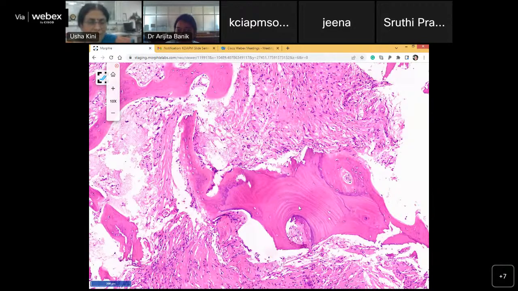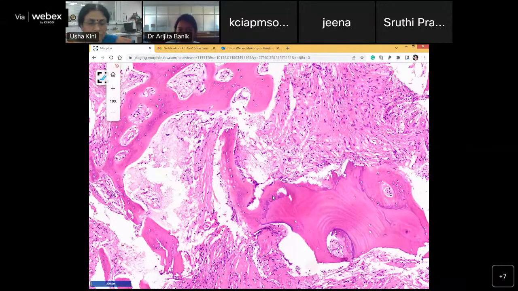Okay. Now what about this? What is this tissue? Is it also a lamellar bone? No, ma'am. So what is it? Ma'am, I think it is woven bone. Yes, this is woven bone, right?